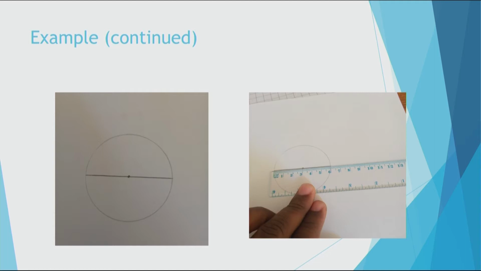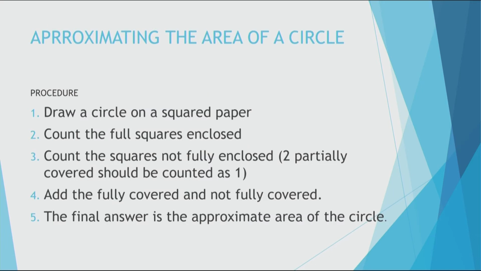Okay. Let's proceed and now look at the last part of the lesson, which is approximating the area of a circle. Before we proceed there, we have to know the word approximate.